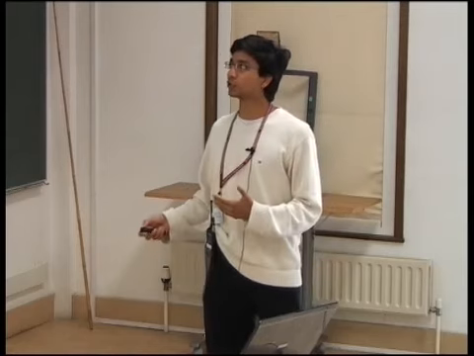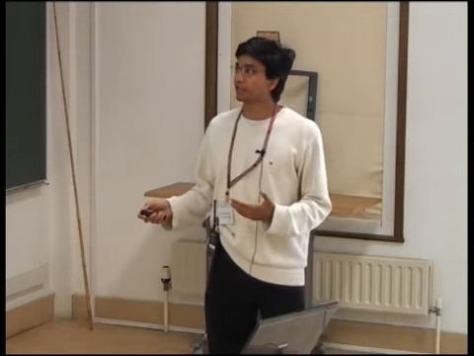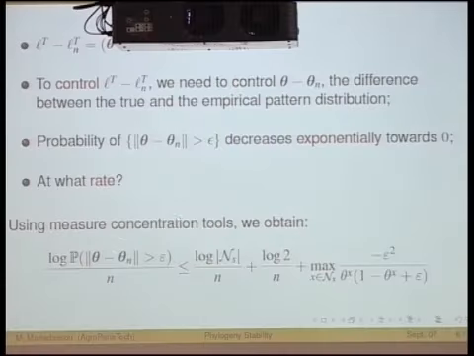And we are interested in exactly what rate this difference decreases towards 0. And using some Mickaël concentration tool, we obtain that the log probability of this event decreases at this rate. I don't want to enter into the details, because this is not really the quantity we're interested in. We would rather have some results on the difference between the likelihood scores.